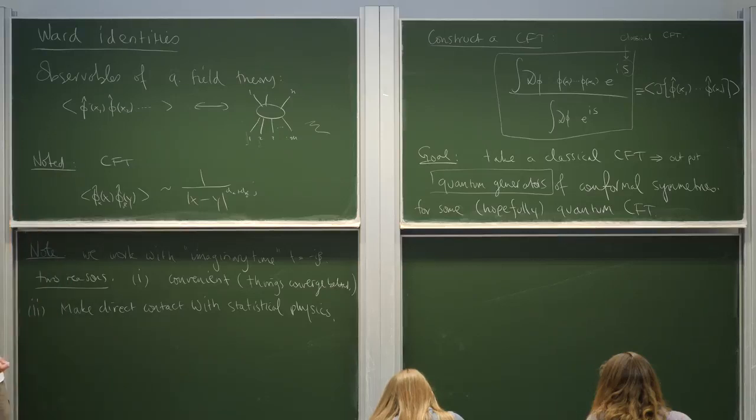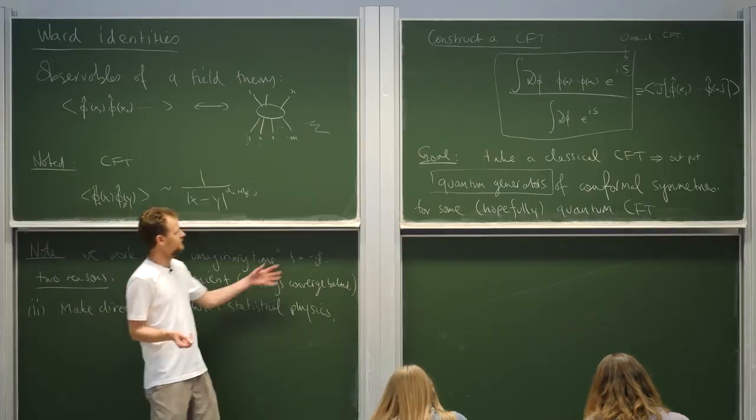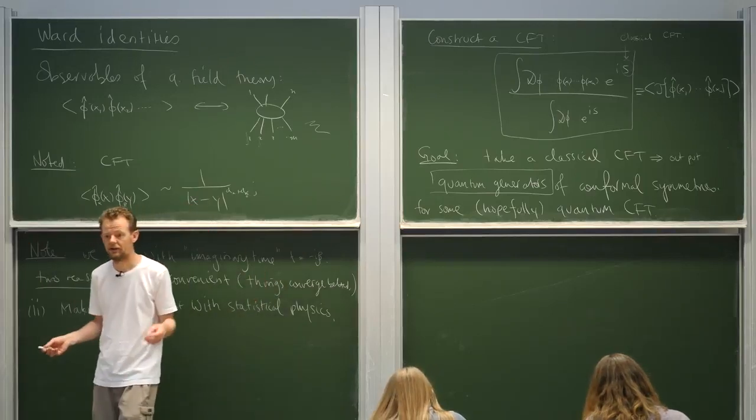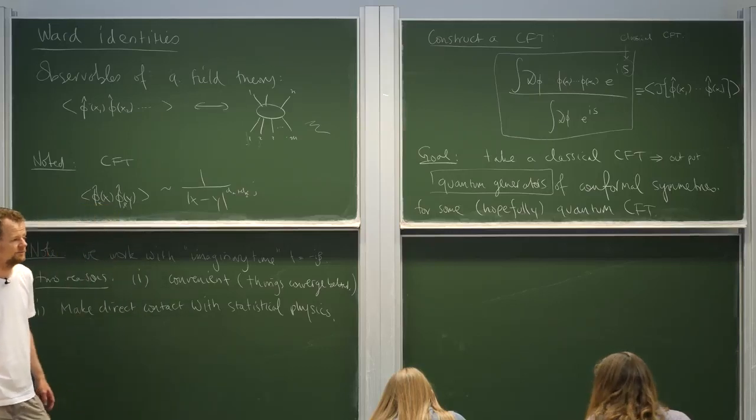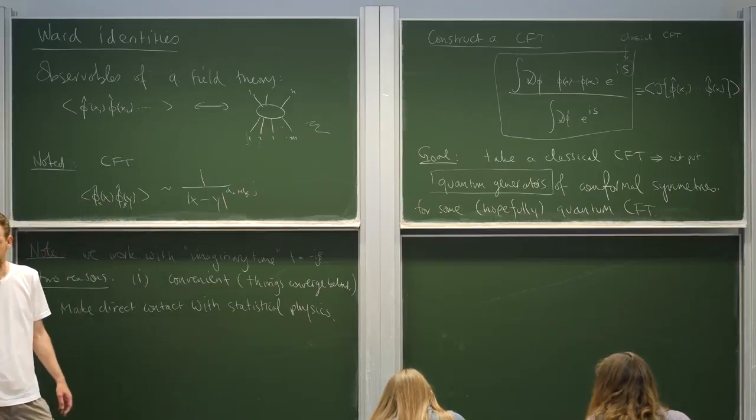Rotating time to minus i beta is a very useful thing to do because it turns all the formulae that would normally be valid for a quantum system and unitary time evolution into statements about partition functions and systems at some temperature beta.